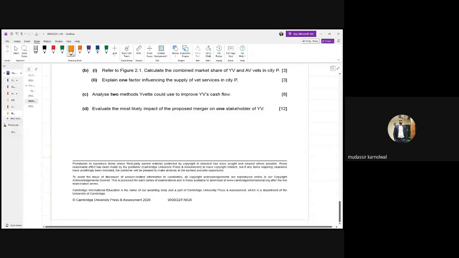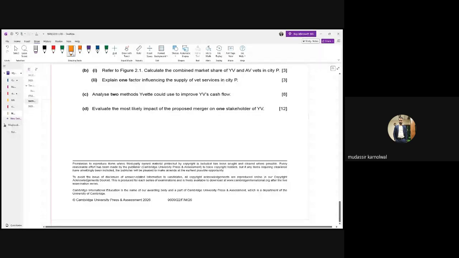If you are writing about customers, obviously it is reducing the competition, so prices might go down and services get better, or it may lead to higher prices as well, because customers' bargaining power will be reduced. Previously there were four competitors. They might need to fire some employees. Yes, this can also be a negative impact on the employees if you are taking employees as a stakeholder here.